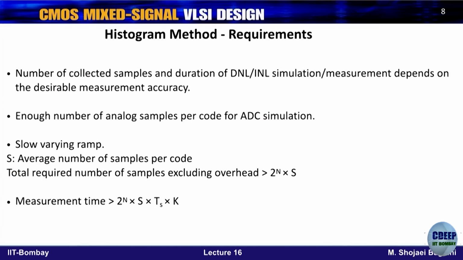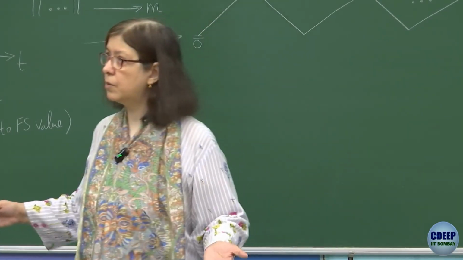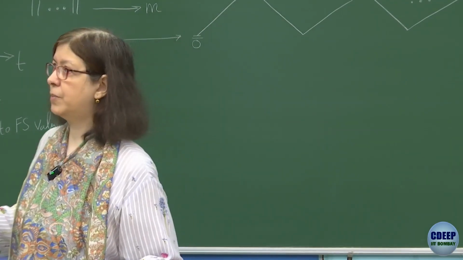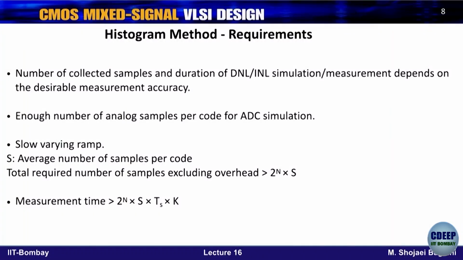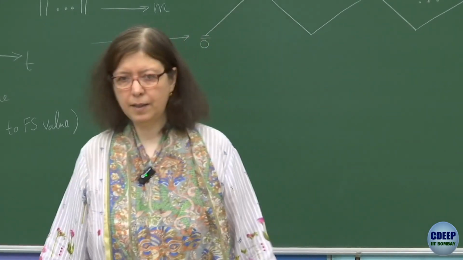If you want, say, 2K samples per code, or for example 1K samples per code, multiplying by n number of bits defines the number of samples we need. So this is a slow measurement, but that's okay, because the measurement time is still not too high.